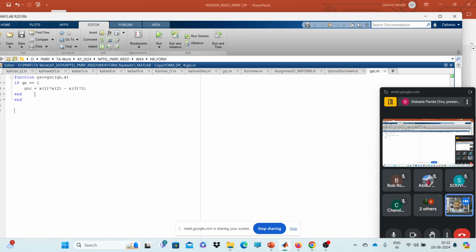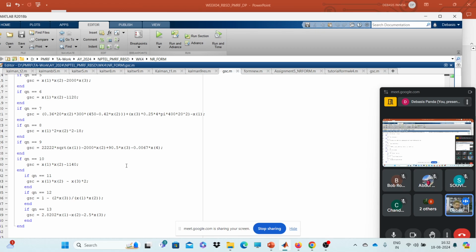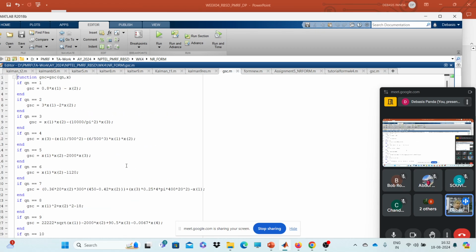The GSC function file I have already provided; this is my limit state function. When I say Qn is 1, it will take this limit state. Here I am solving 12 problems in one limit state function, so you can call it with respect to your question number and the corresponding values of the random variables.